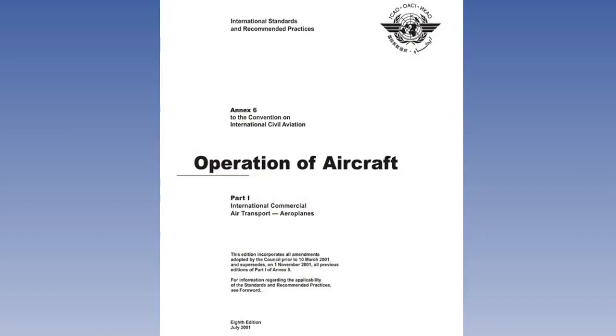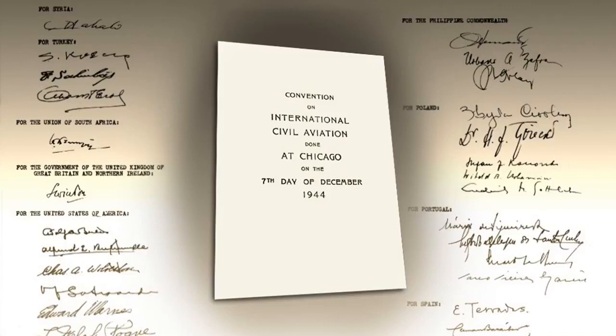As we have already seen, ICAO regulates international commercial air transport in aeroplanes through the standards and recommended practices within Part 1 of Annex 6 to the Chicago Convention. For those of you who have not yet completed the Air Law module, this convention, more correctly named the Convention on International Civil Aviation, reflected the views of the nations that agreed to its terms or articles.